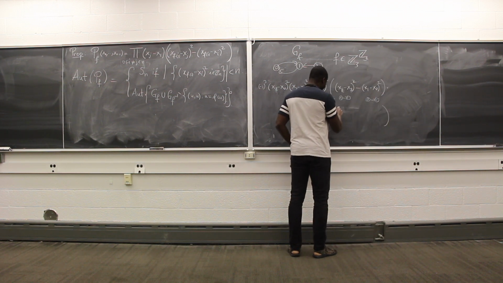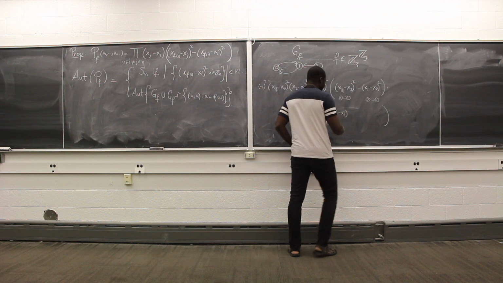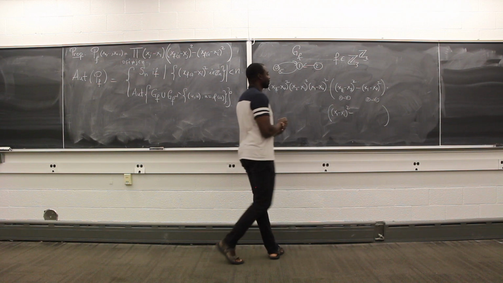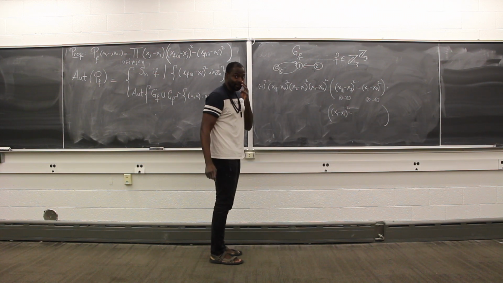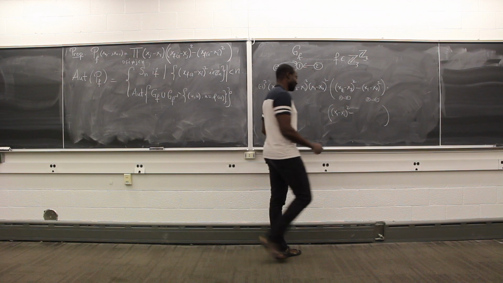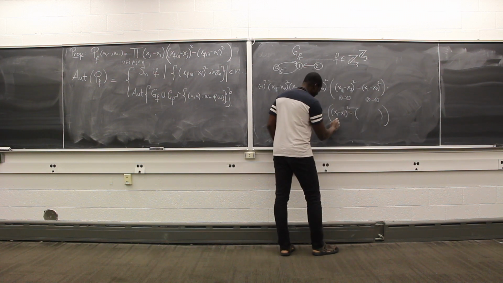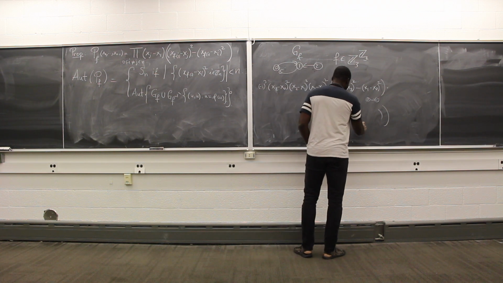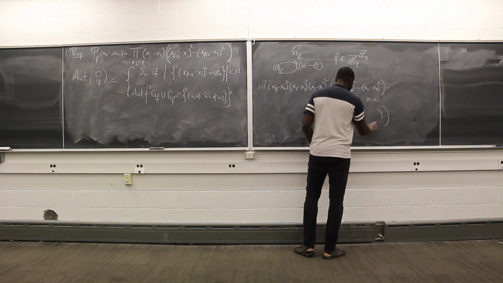So it's going to be again x1 minus x2 that I want to compare, squared, to the edge leaving vertex 1. What is the edge leaving vertex 1? So this is comparing 2 goes to 1 to the edge leaving vertex 1, which is 1 goes to 0.